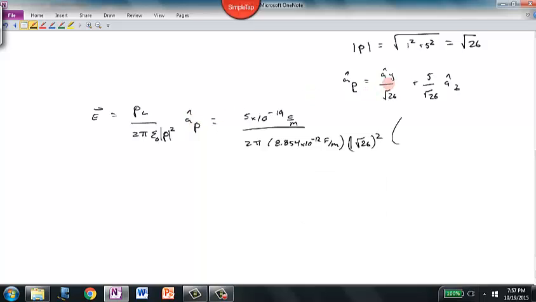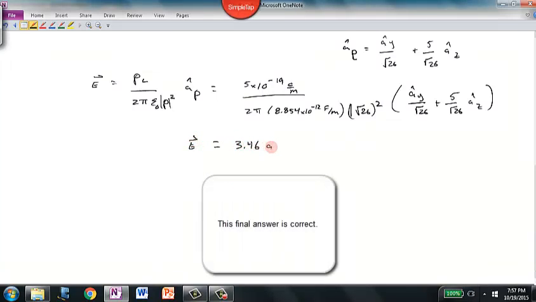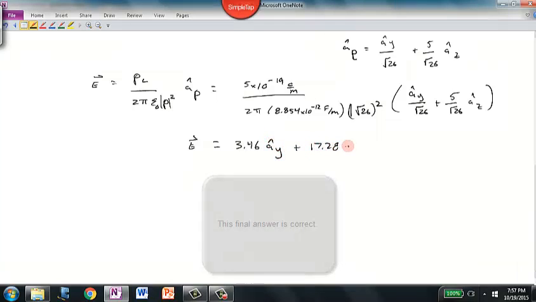Now we need to multiply that by the unit vector pointing in the rho direction, which is a hat y over root 26 plus 5 over root 26 a hat z. And we multiply all this out, and you get that the electric field intensity at the point P is equal to 3.46 pointing in the y direction plus 17.28 pointing in the z direction. And since it's an electric field intensity, it's in units of volts per meter.